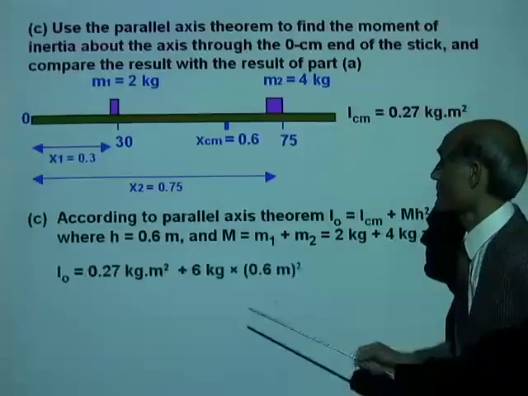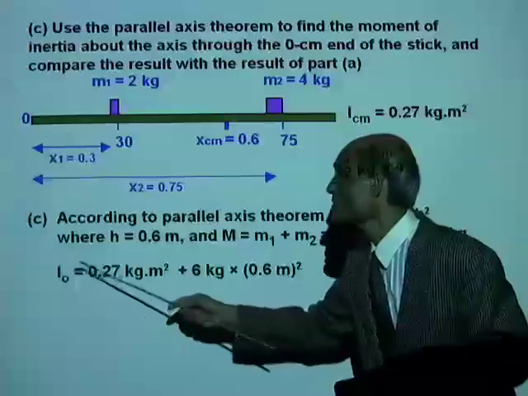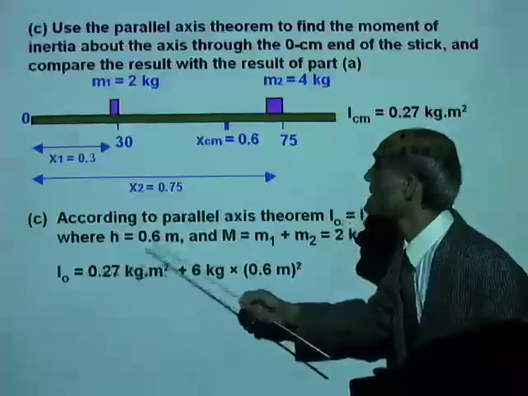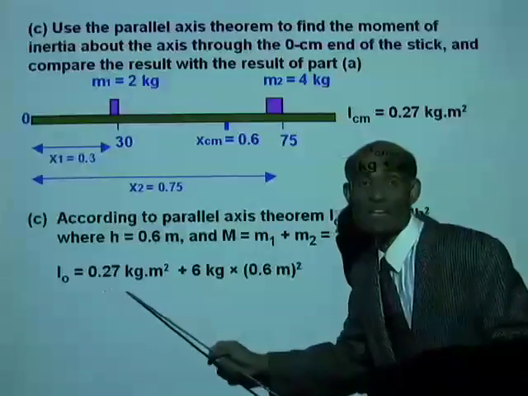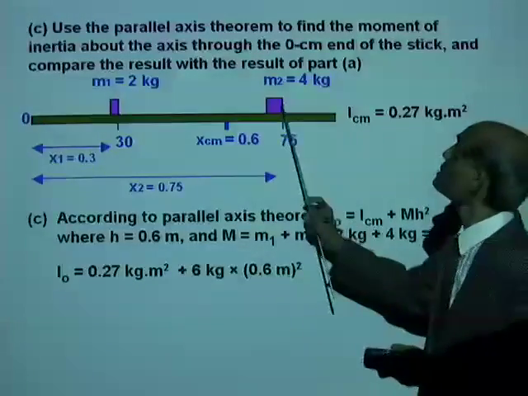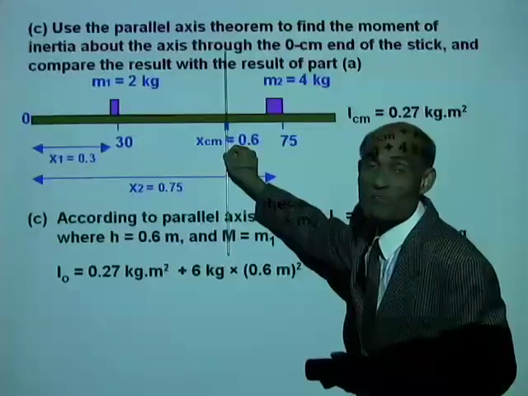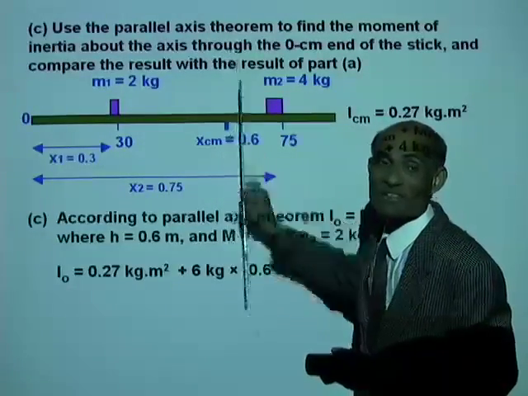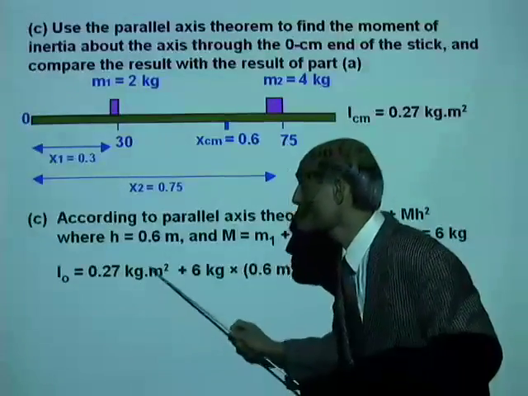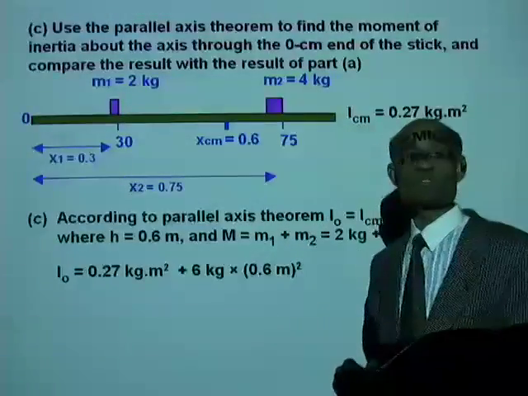and therefore we have I0 equal to I center of mass. We just calculated the moment of inertia of these two masses about an axis that passes through the center of mass, and we got that as 0.27 kilogram meter squared.